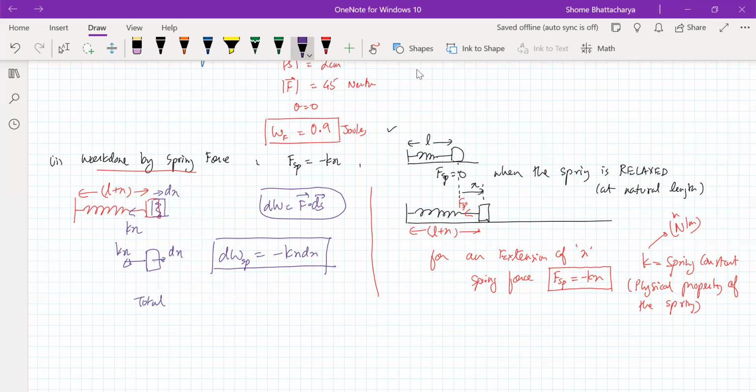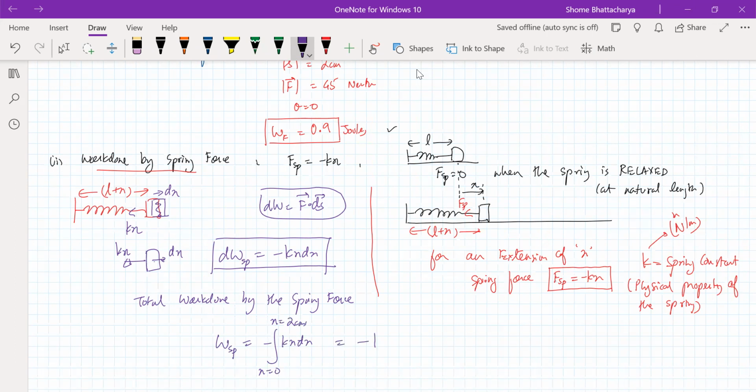So the total work done by the spring force is going to be the integration of minus kx dx, from the initial state where x was 0 to the final state where x is equal to 2 centimeters.